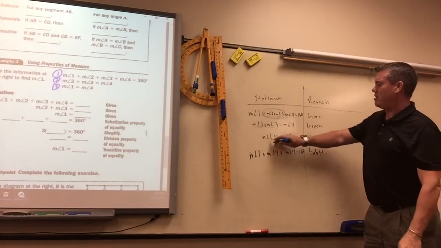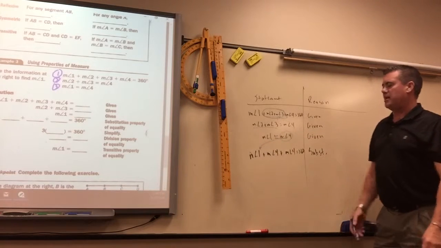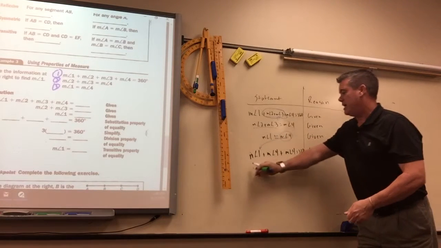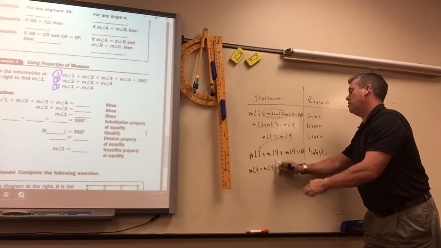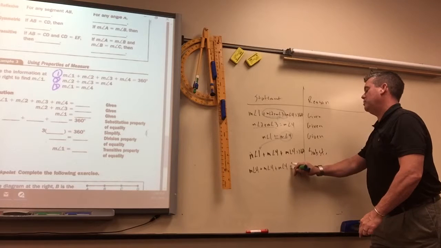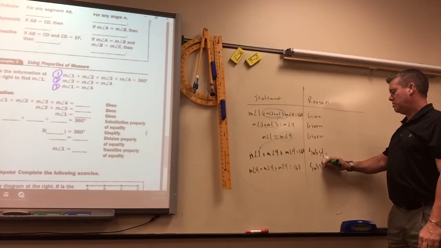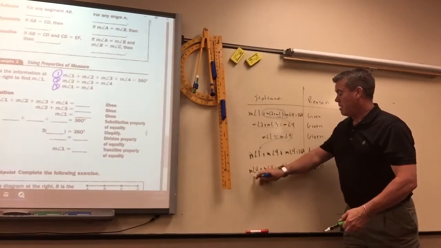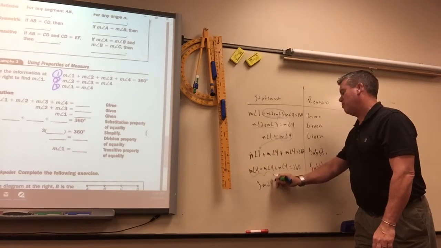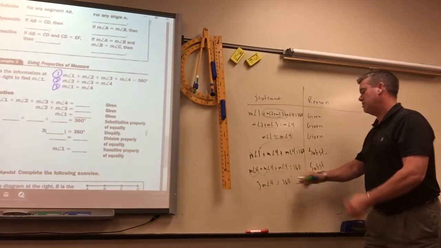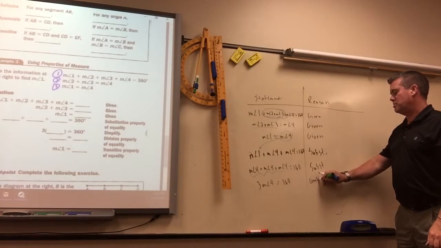Yes, so right here, since 1 equals 4, I could put the 4 in for that one. And then I'd have measure of angle 4 plus measure of angle 4 plus the measure of angle 4 equals 360. Again, that's another substitution. You can combine like terms, that's 3 of them. 3 measures of angle 4s equals 360. And you just write down what you did, I combined like terms.